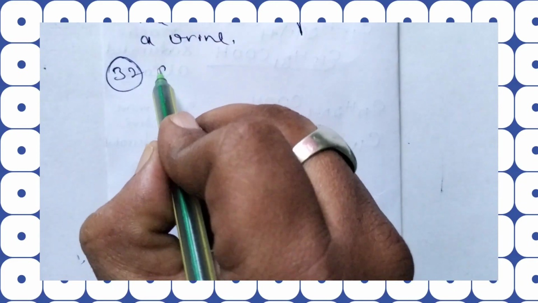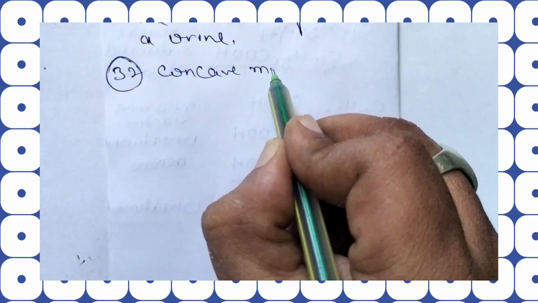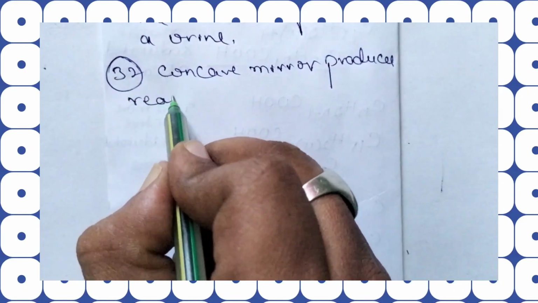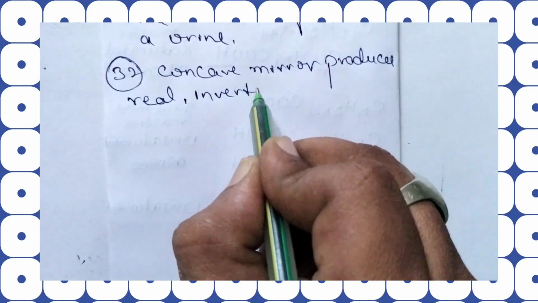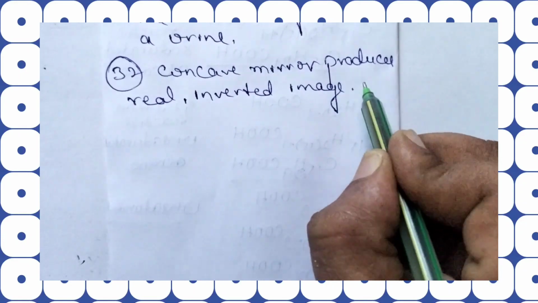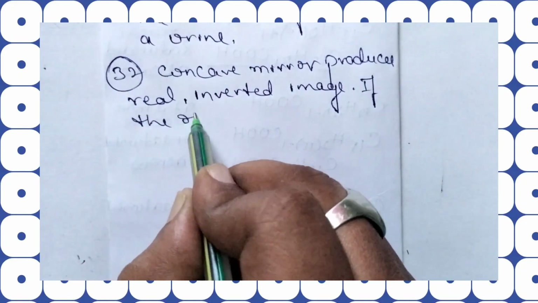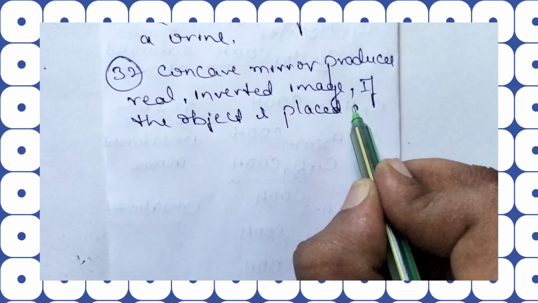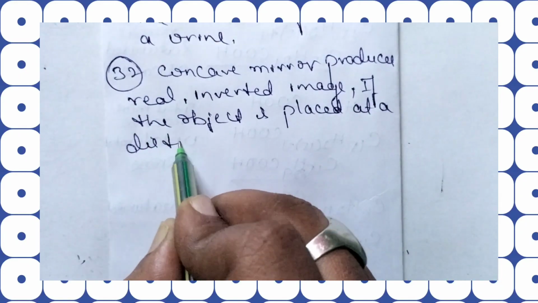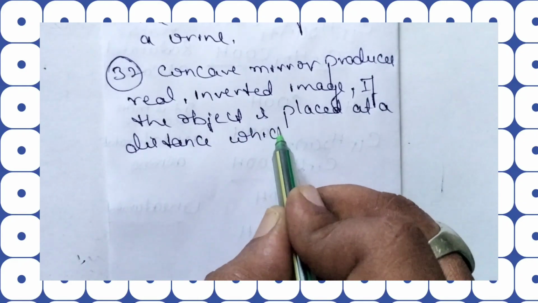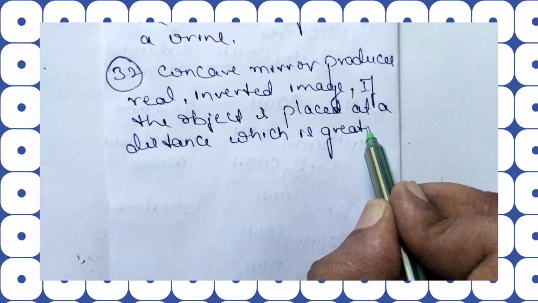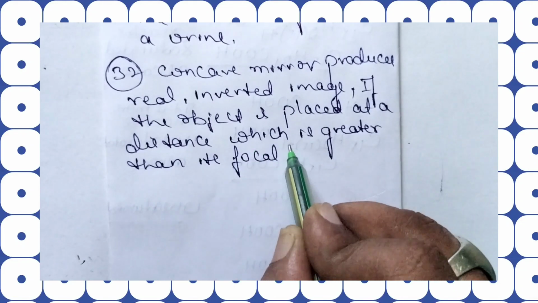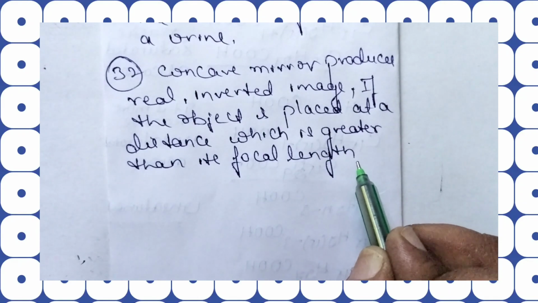So what concave mirror is he using? A concave mirror produces a real, inverted image if the object is placed at a distance which is greater than its focal length. So at a distance greater than the focal length.